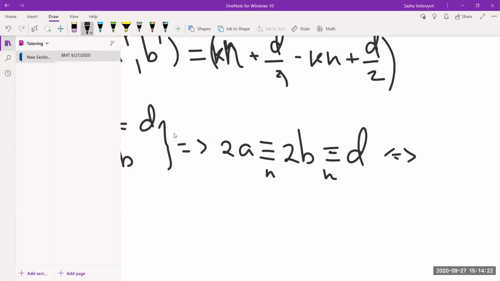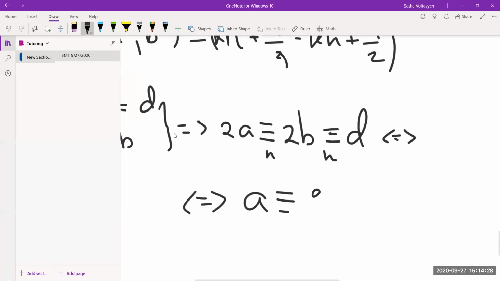Then this is the same as saying A is congruent to D over 2 mod n over 2, and it is congruent to B mod n over 2.